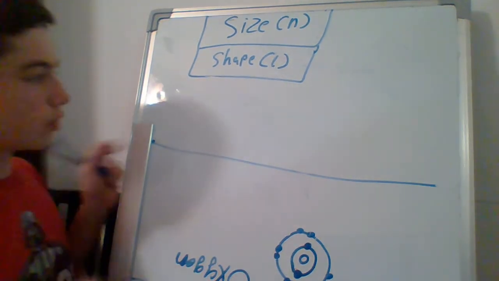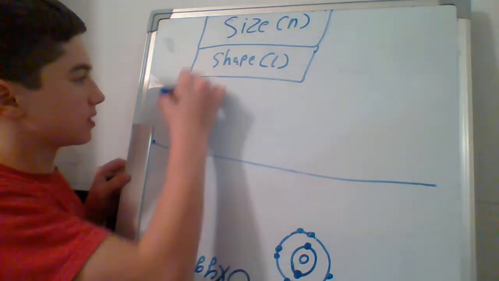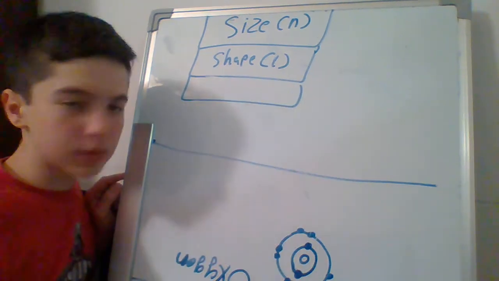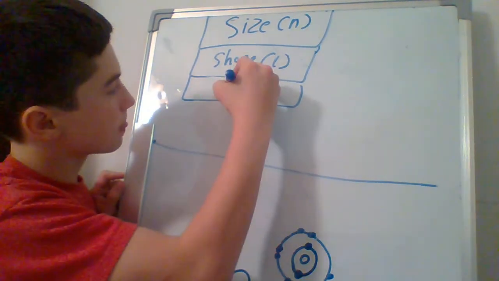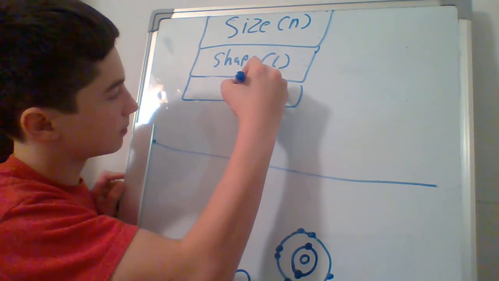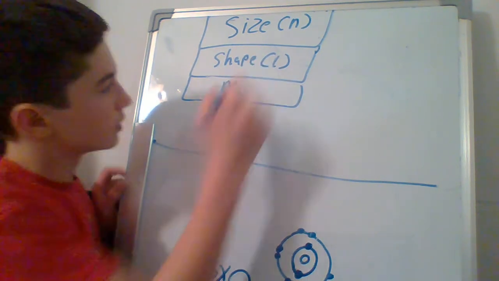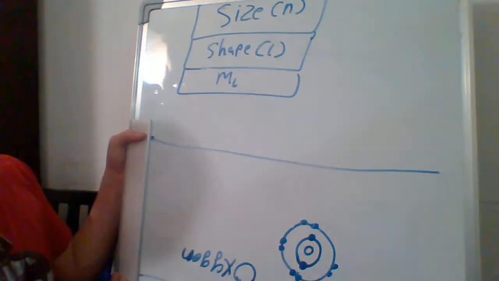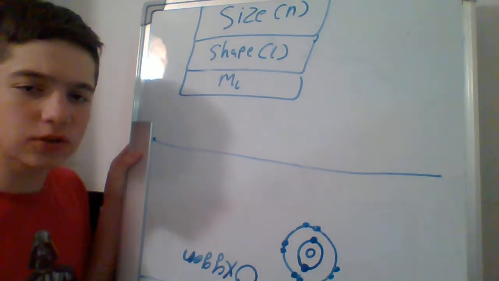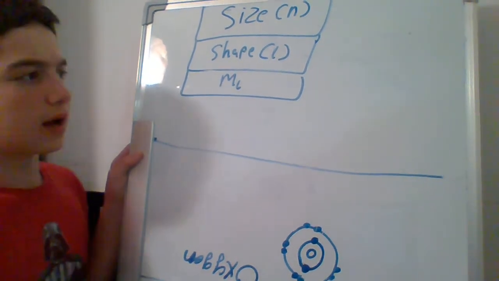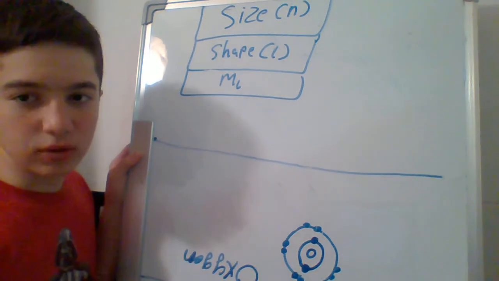Now we go to the orientation. What is the symbol of orientation? You're right, it's m sub l, small l. What is the orientation? It means how many electrons can fit in the orbitals.